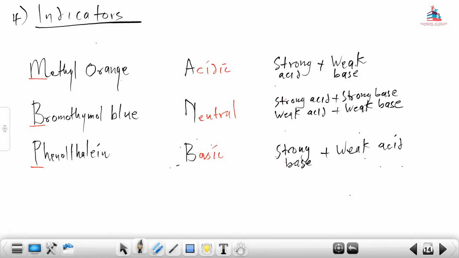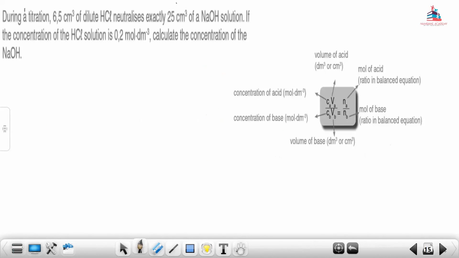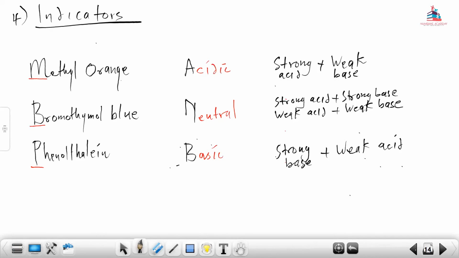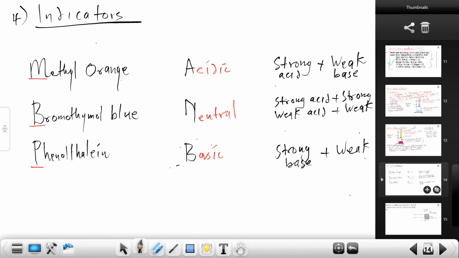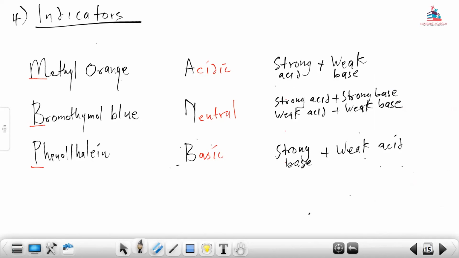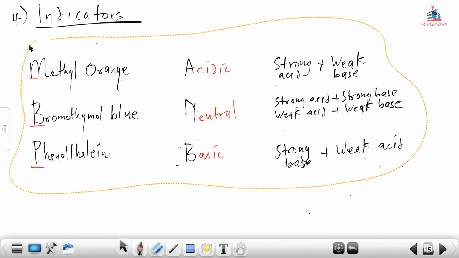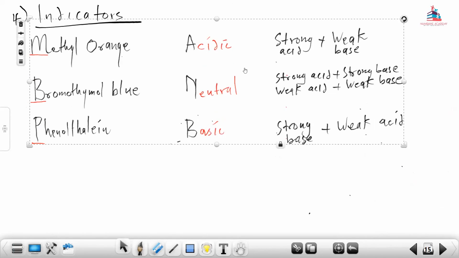So the examiner also wants us to know. Let me copy this and delete. After copying this, let's select this and move it up a little bit.